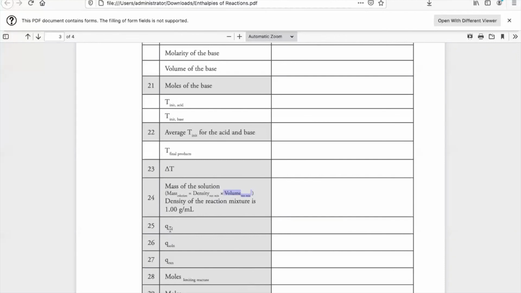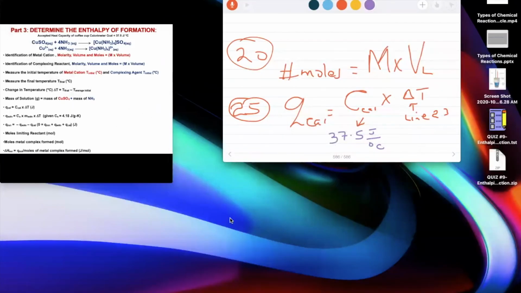This is line 23, and this was all the way from 5.1 joules per degree Celsius. Line 25 is the heat of calorimeter, which is given by the heat capacity of the calorimeter times the change in temperature. Change in temperature for this section is line 23 given.